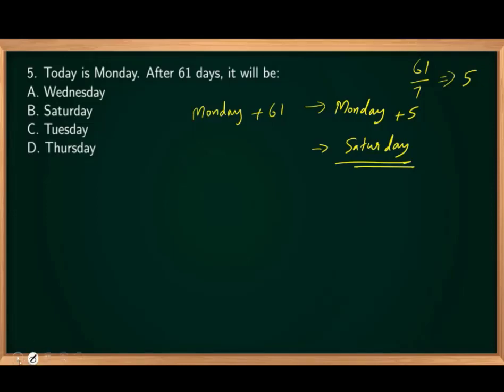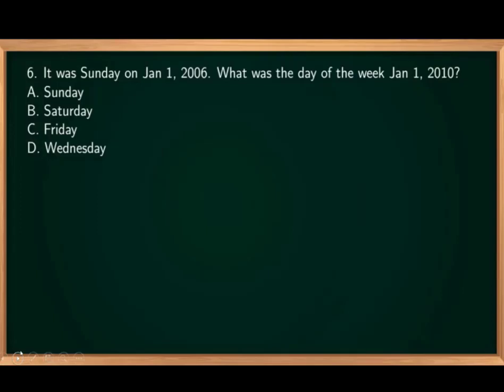Then next question. It was Sunday on January 1, 2006. What was the day of the week on January 1, 2010? We are asked to find the day of January 1, 2010.